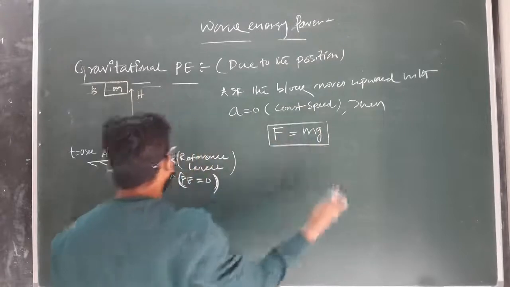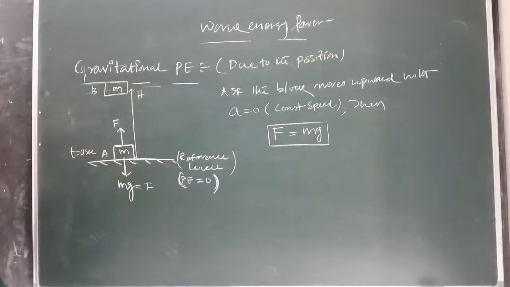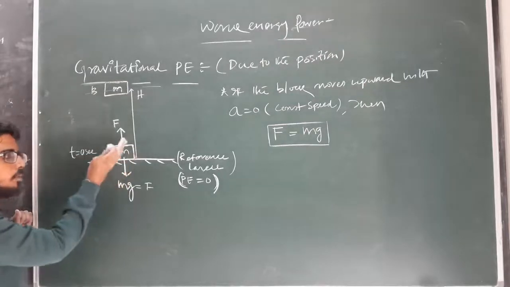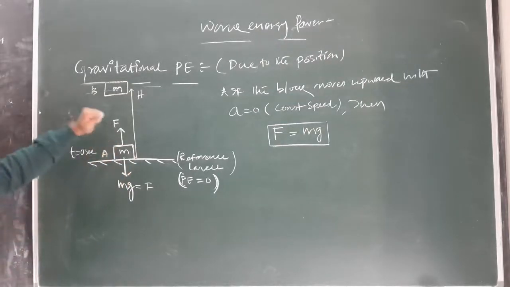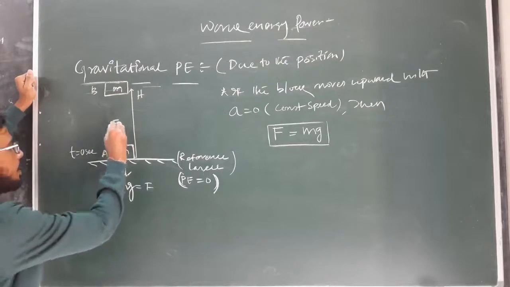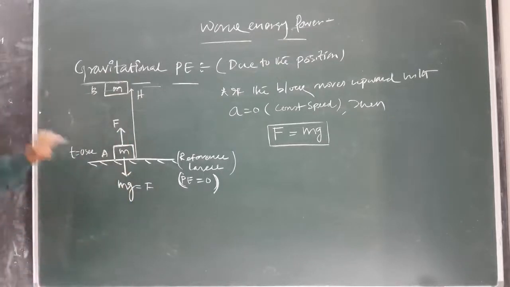Otherwise there will be a net force acting on the block and the block will start accelerating along that direction. So if we have to move this block without any acceleration or with constant speed, then the value of the applied force must be equal to the value of the weight of the block, that is mg.